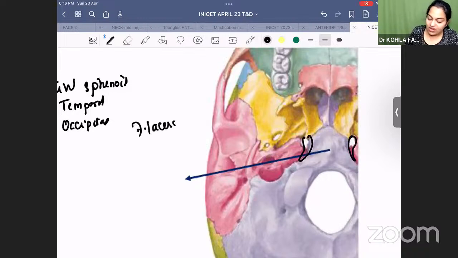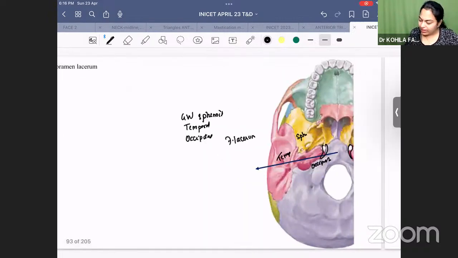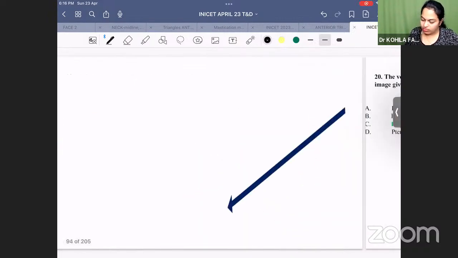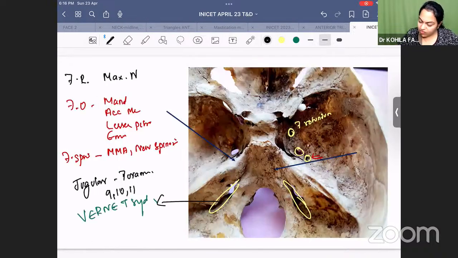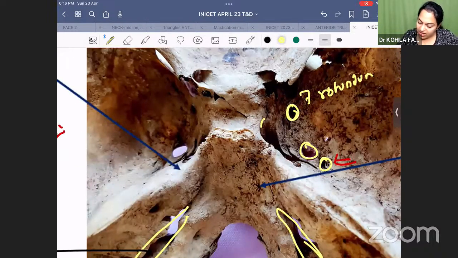What you see here in this yellow color is the sphenoid bone. The pink color here is the temporal bone, and the purple color that you see here is the occipital bone. This is foramen lacerum. And to show you, I think I put another image also. Here, where is foramen lacerum? Here in the inner aspect of the skull, on either side of the body of the sphenoid.